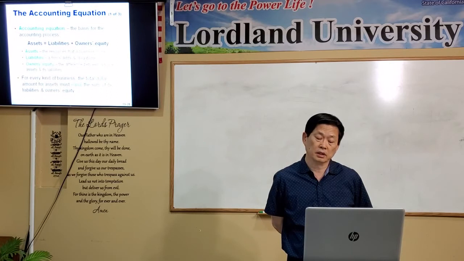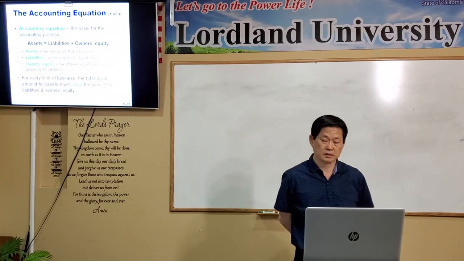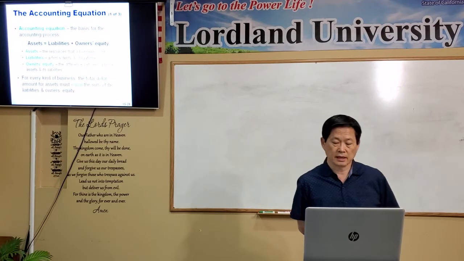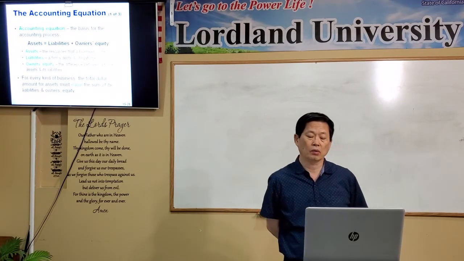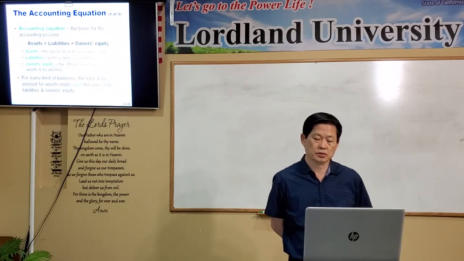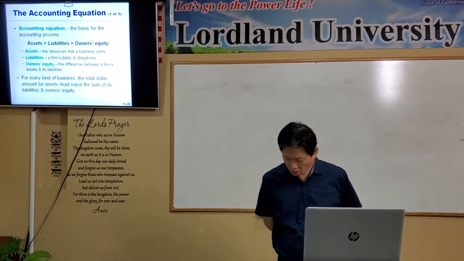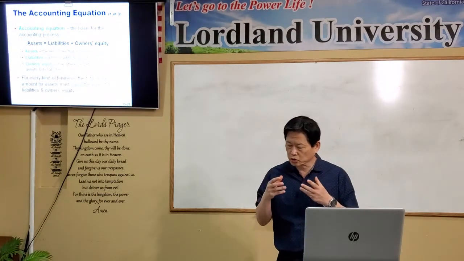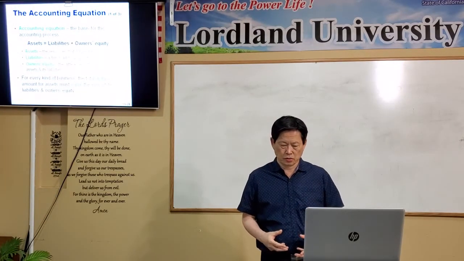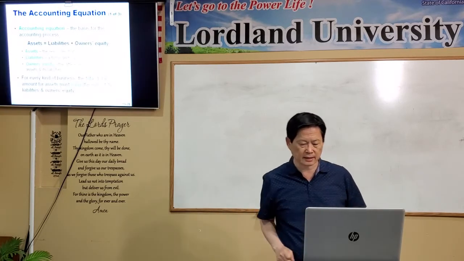Assets equal liabilities plus owner's equity is the basis for the accounting process. What is an asset? Assets are all business resources that the business owner owns and controls and has title to.